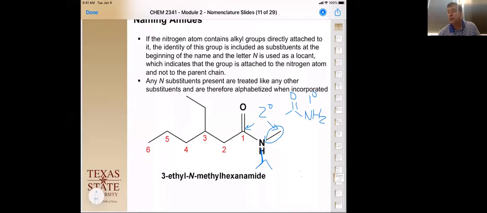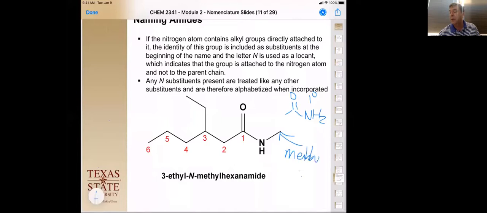So let me do that again with just the compound we have. We have a primary, which only has the carbonyl, a secondary, which has a carbonyl and an alkyl group, and a tertiary, which has a carbonyl and two alkyl groups, okay? So we have to know how to name those. Anytime you have one of these secondary or tertiaries, we've got to figure out what our attached species is and put it in the right place. So this species is our methyl group, okay?